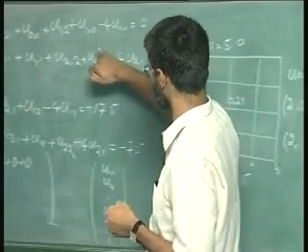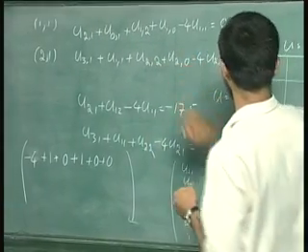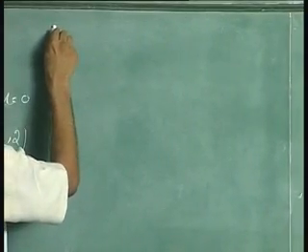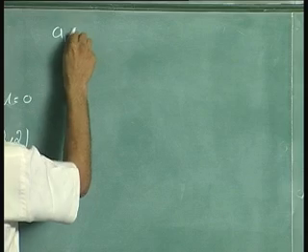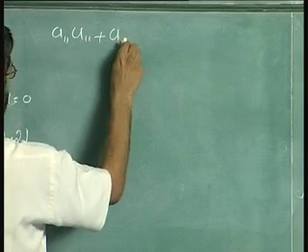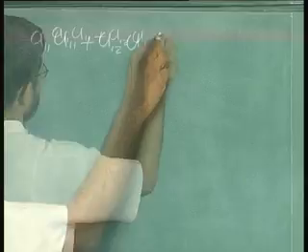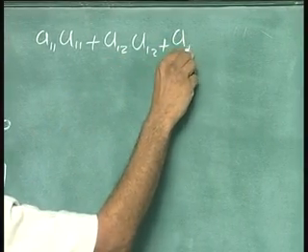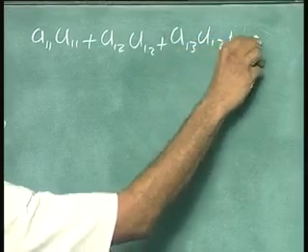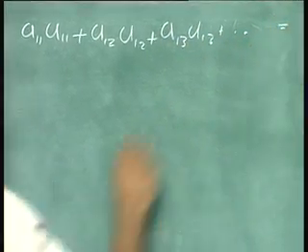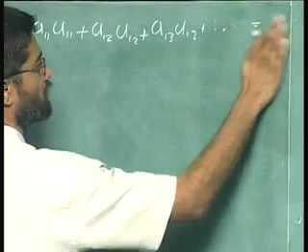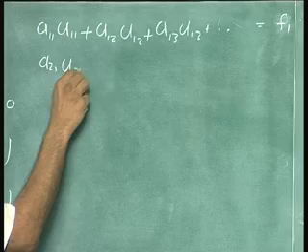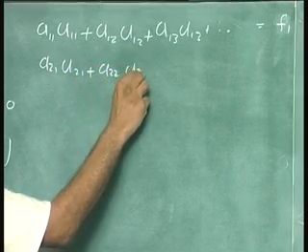Now I can write these equations in the following form: A11 U11 + A12 U12 + A13 U13, etc., equal to 0, or equal to some function we may call f1, and similarly A21 U21 + A22 U22.